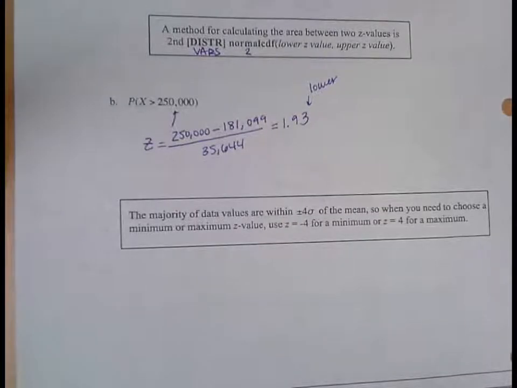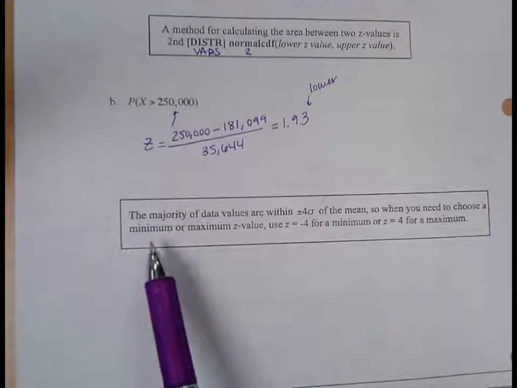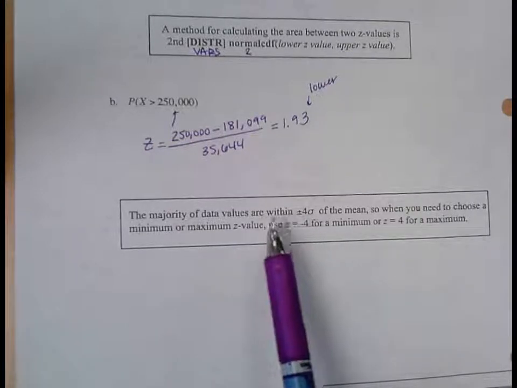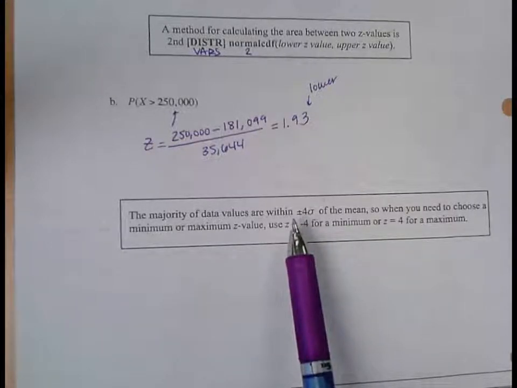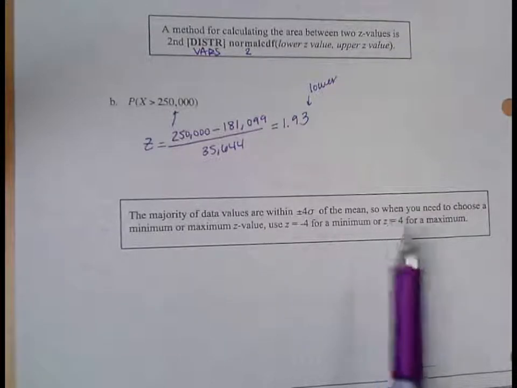So remember, within 3 standard deviations, that's 99.7%. So if you go within 4 standard deviations, that's pretty darn close to 100% of your data. So if you need either a lower or an upper z value, a min or a max z value, use -4 if you need a minimum. Use +4 if you need a maximum.